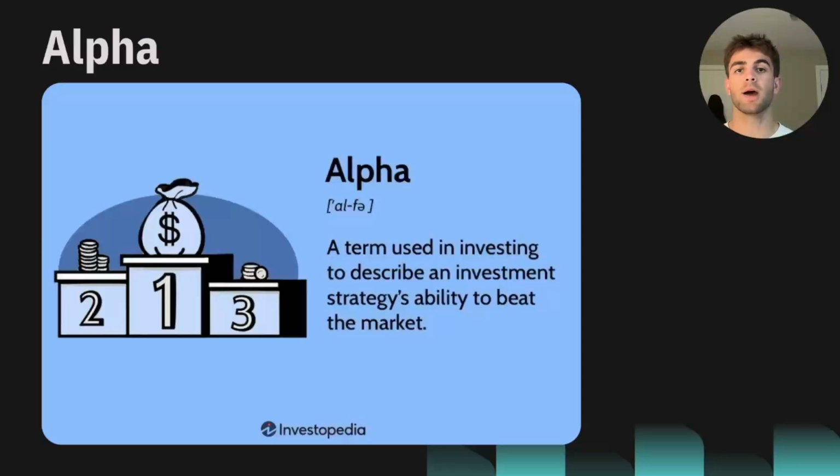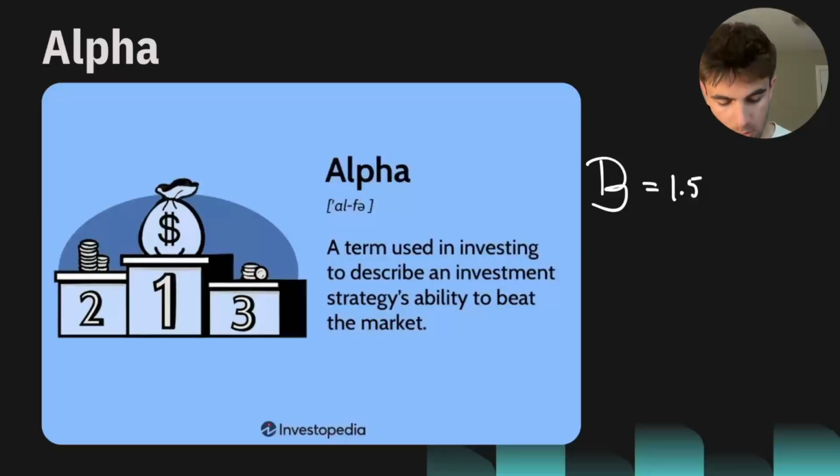Alpha is a measure of how much an asset beats risk-adjusted expectations. So let's revisit the example from the last slide and try to figure out the alpha. So we said the beta was 1.5. And then the returns of the market over a period were 10%.